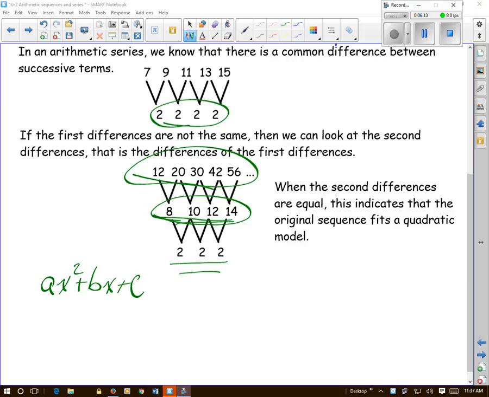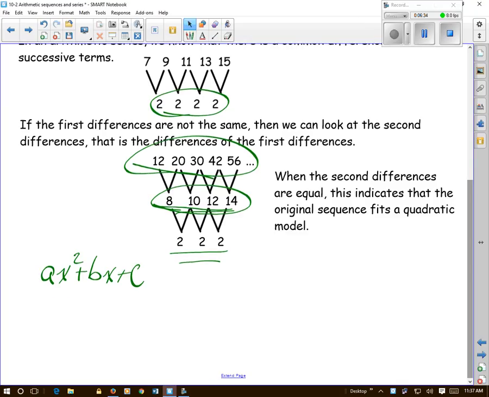That's all we're going to do with it: know that if the second differences are the same, you can get a quadratic model. It's not that difficult to actually find that model. It's just a system of equations, but we're not going to go into that right now. If you're really curious, it's in the book and pretty easy to follow.